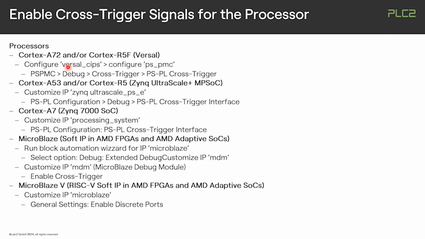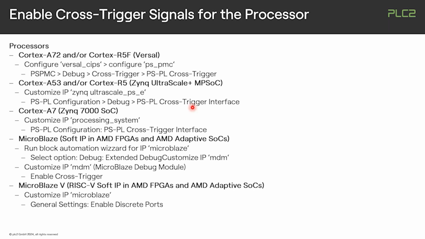And you will find in the Vivado context the IP configuration where debug cross-triggering can be enabled. And this looks slightly different. So this slide will help you to identify where you will find this cross-trigger interface.